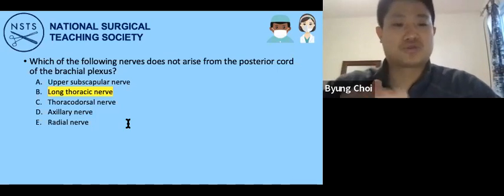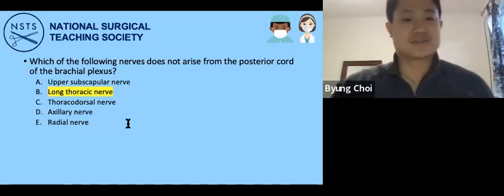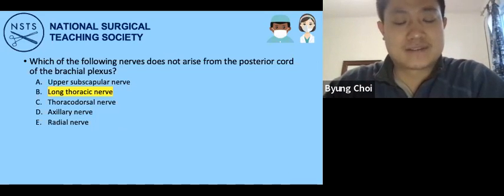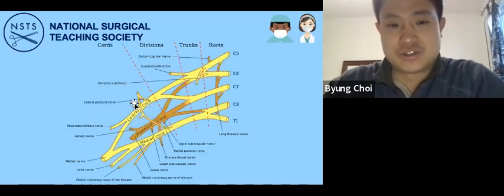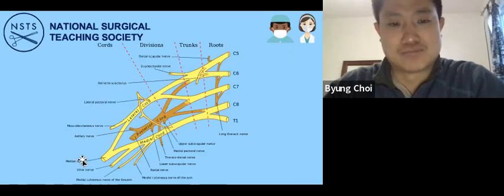But they do also put in these simple one-line questions, and we can look at the brachial plexus diagram here, and you can draw out the more simplified version and know the main branches.